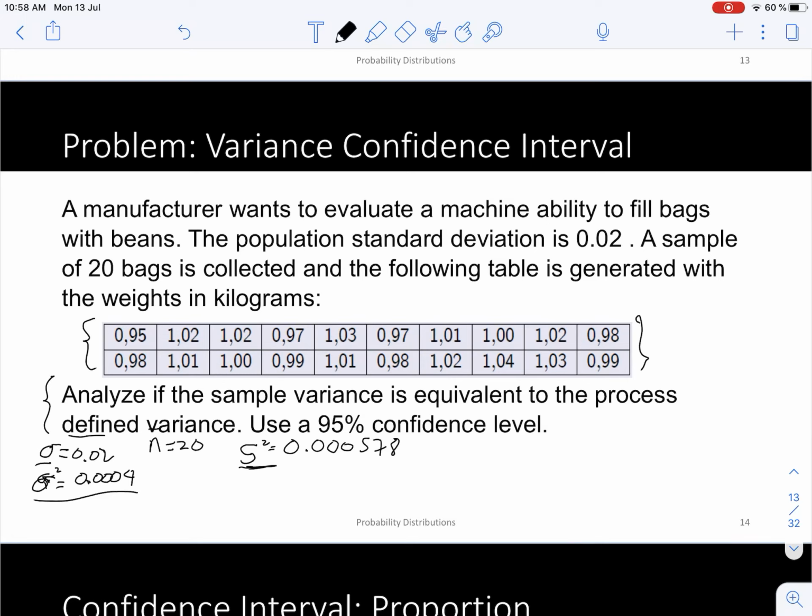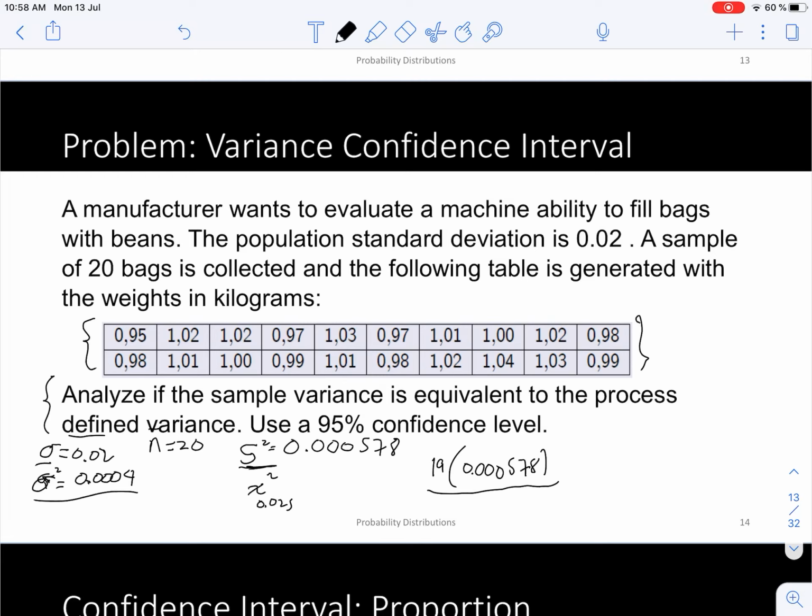Alright, so let's create our confidence interval. It's n minus 1, that's 19, times S squared, that's 0.000578, divided by the chi-square value that has an area to the right of 0.025.